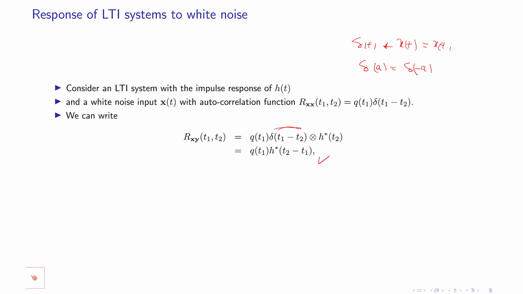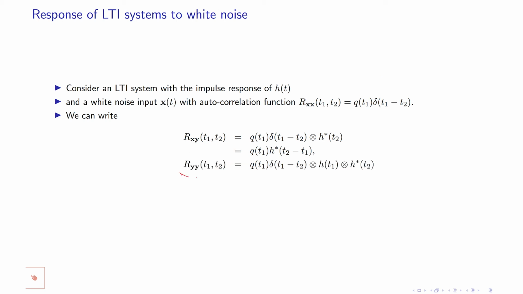Now, if you want to get Ryy of t1 and t2, we have shown that this is equal to Rxy of t1 and t2 convolved with h of t1. So I need to convolve this with h of t1 in order to get Ryy.